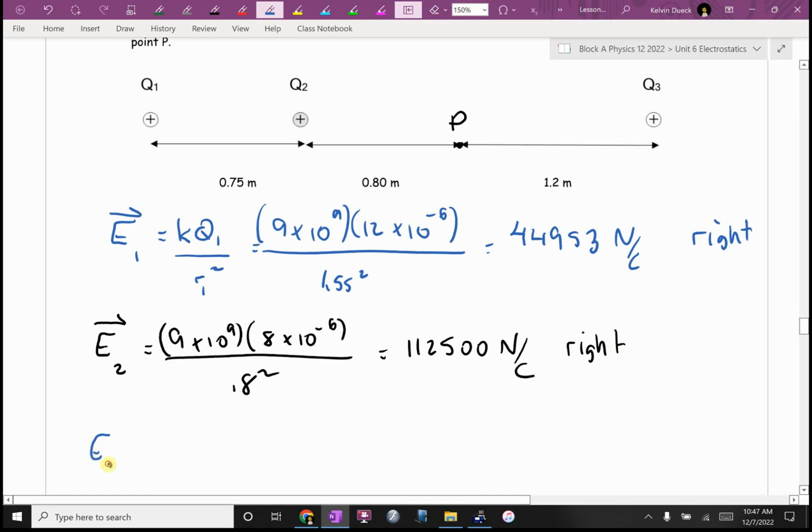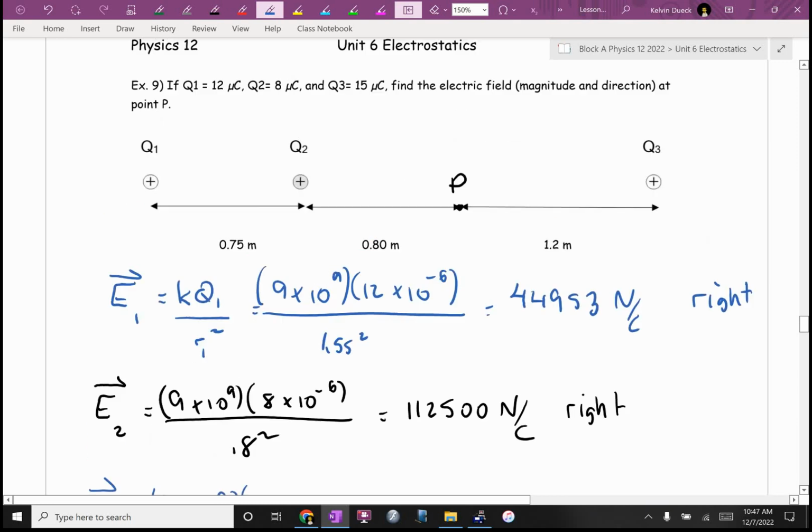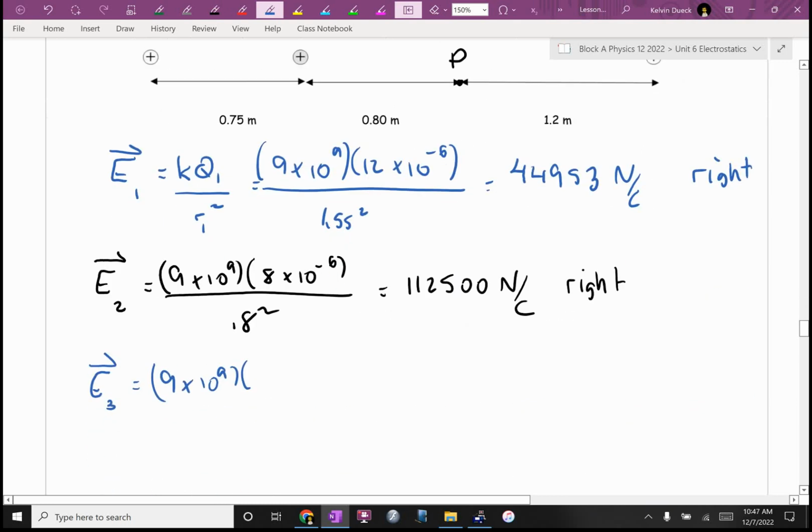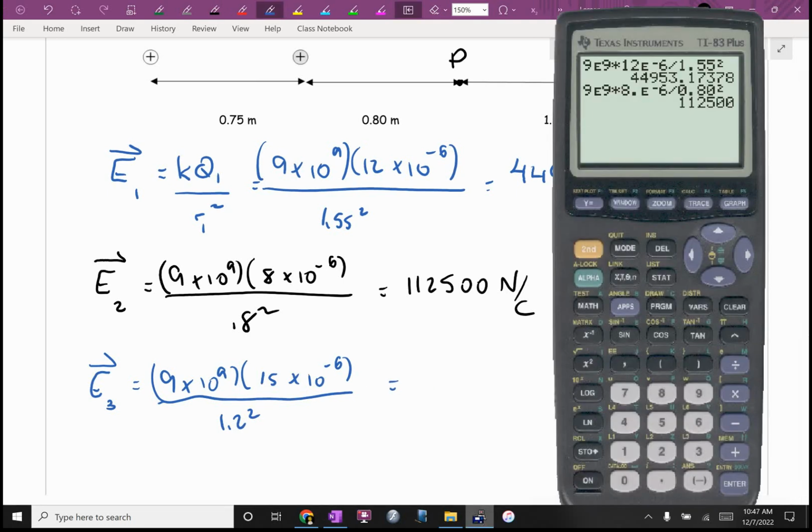Electric field number 3. It's going to be 9 times 10 to the 9th. What was charge 3? 15 times 10 to the negative 6. All over 1.2 squared. Again, I should be able to backspace, edit, and insert.